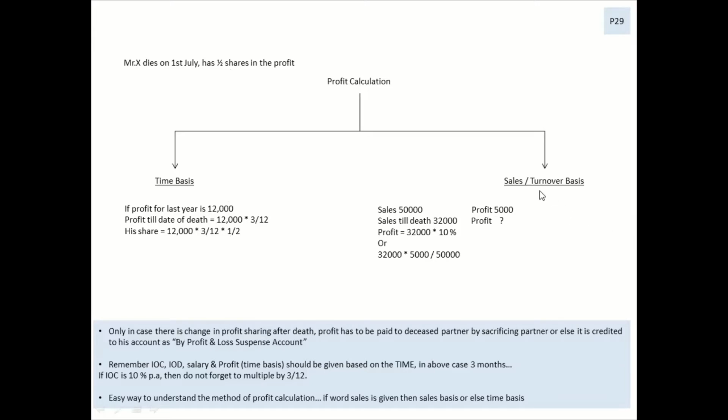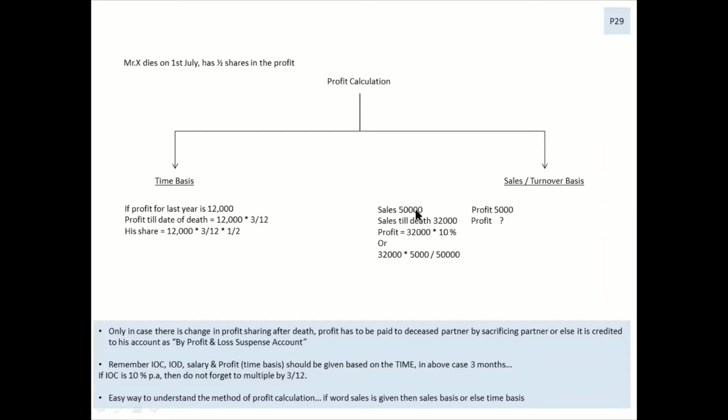Let's look into the sales basis now. The information given to us is that sales of last year were 50,000 and the profit we made is 5,000. And this year till his death we made a sale of 32,000. Now there are two ways of doing this. One of the simplest ways is to understand what the percentage of profit is.